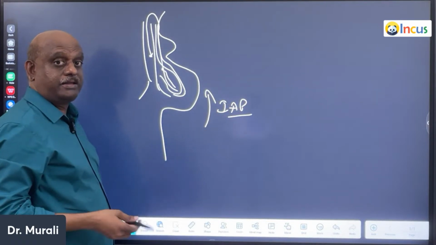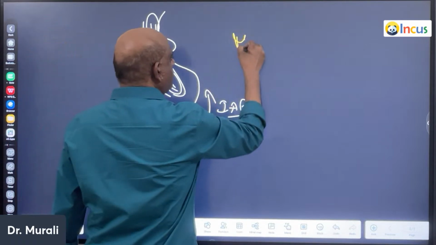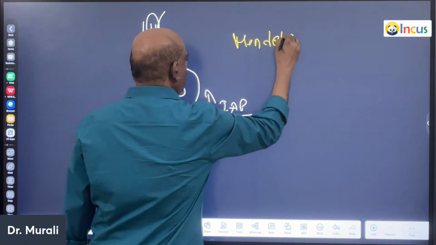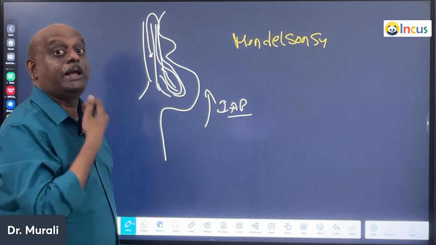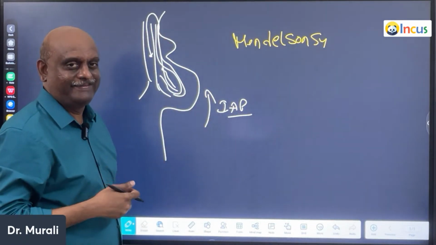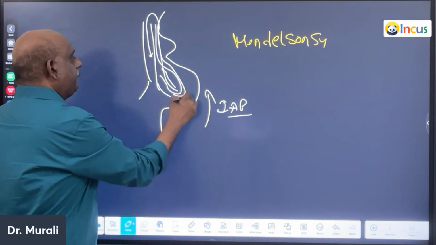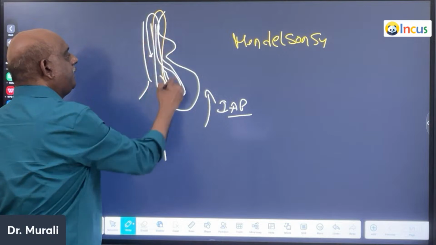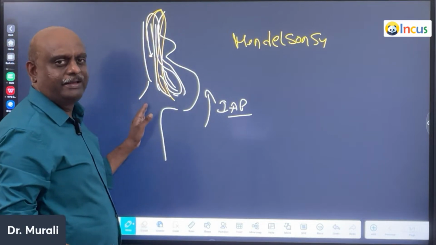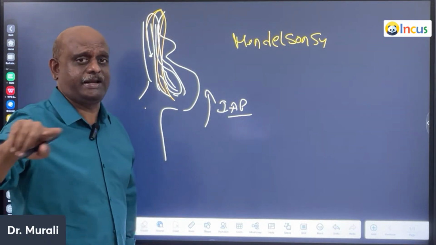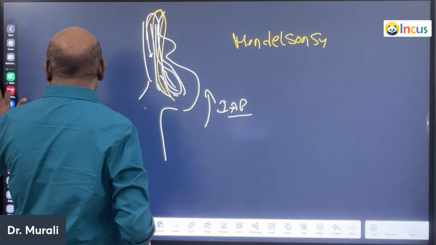What is that kind of aspiration in a pregnant woman called? It's called Mendelson syndrome. To avoid it, what will you do? You will apply pressure on the cricoid while you are intubating the patient, so that the pressure on the cricoid prevents the secretions in the gut from entering the respiratory tract, and that prevents the development of Mendelson syndrome, is what you have to remember.